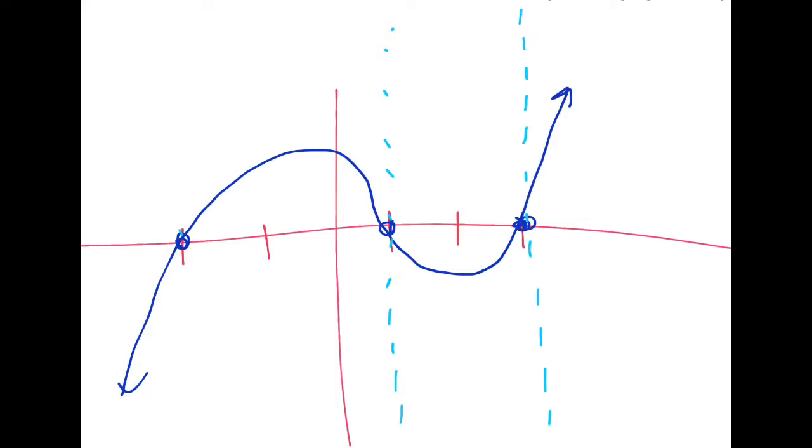So I can sketch these in pretty quickly. And remember what your graph does as it approaches a vertical asymptote. It can't cross it, but it has to get infinitely close to it. And you end up with your function going either to positive infinity or negative infinity. And which infinity it goes to totally depends on the sign of your function.